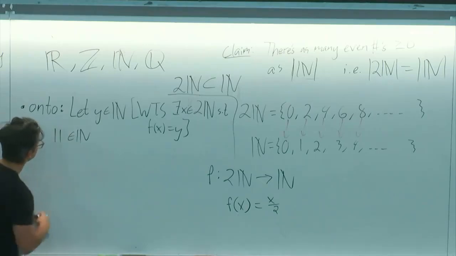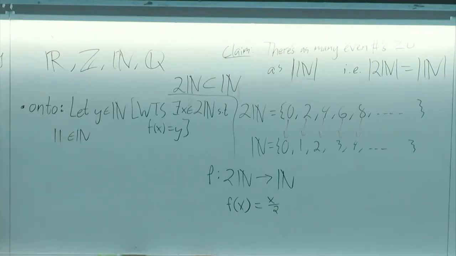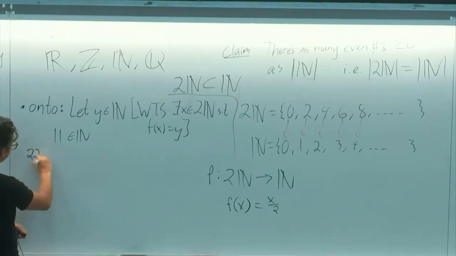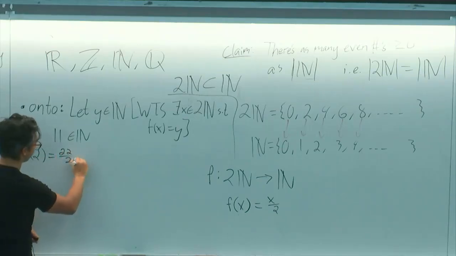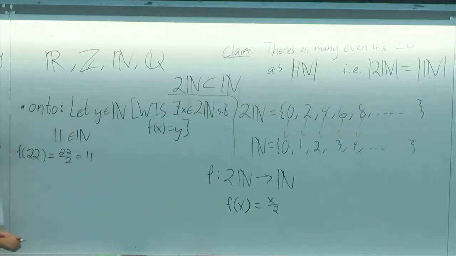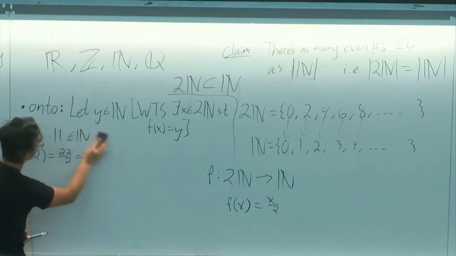Let's say 11 is in n. Do we know what number maps to that here? Yeah, 22. f of 22 is what? It's just going to be 22 divided by 2, and that's 11. So this is just saying if you choose any number in the natural numbers, there's going to be something that maps to it. Let's look at this more generally.